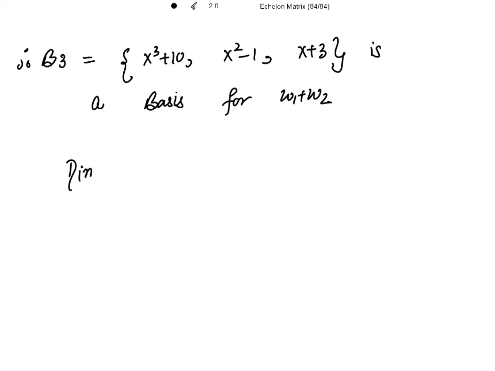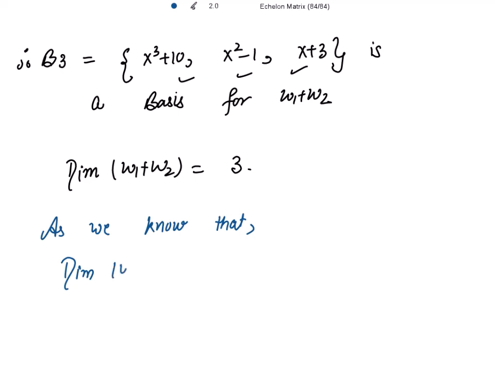And how many number of elements present in the basis? Yes, 3 elements. So the dimension of sum of the spaces is 3, right? Okay, as we know that dimension of W1 plus W2 is equal to dimension of W1 plus dimension of W2 minus, we need to get the dimension of the intersection of the subspaces, right?